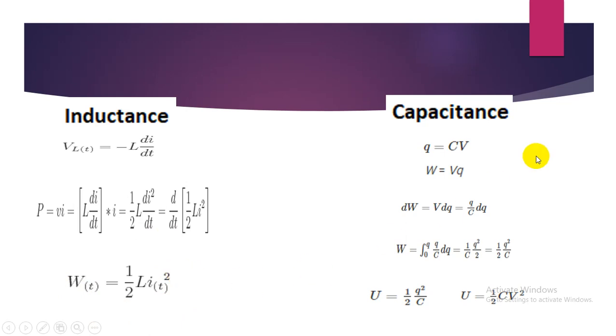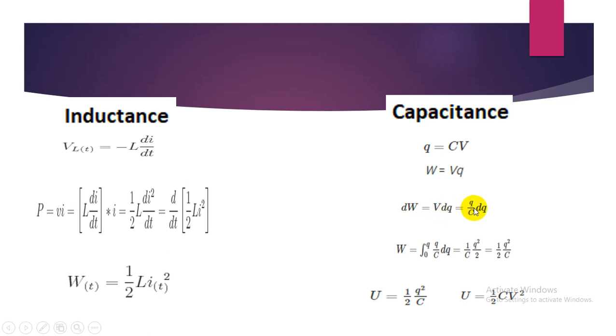When we see the capacitance part, this is the basic equation which we can see in capacitors. Q is equal to CV, where Q is the charge, C is the capacitance, V is the voltage. And one relation is there among the energy, voltage and charge, that is W equal to VQ. So when we are taking the derivative of W, the voltage across the capacitor won't change, the charge is going to be changing, dq.